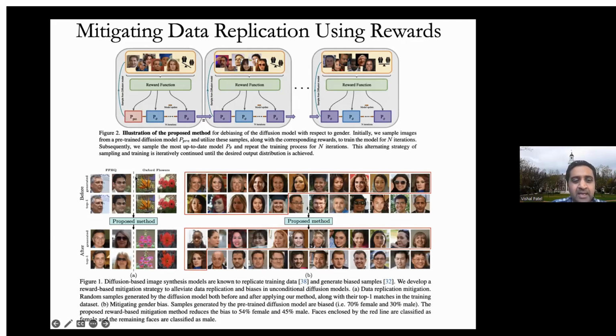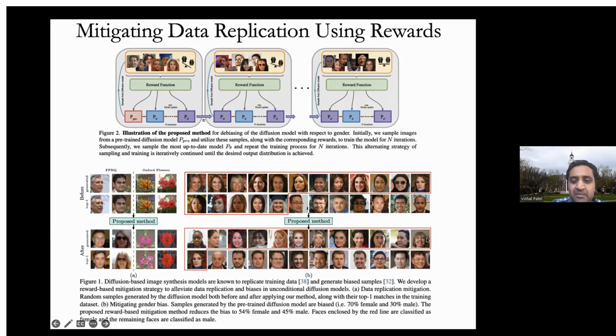So what you see here is, if you just apply a diffusion model, this red box shows how biased the output is. It produces a lot more female subjects than male subjects. And when you apply this reward maximization-based diffusion model, it balances out the gender and generates almost 50-50.